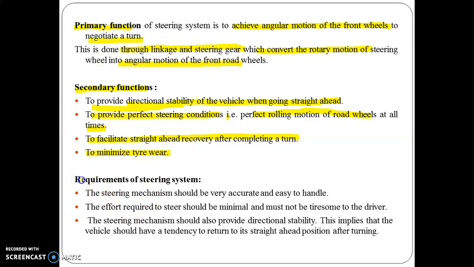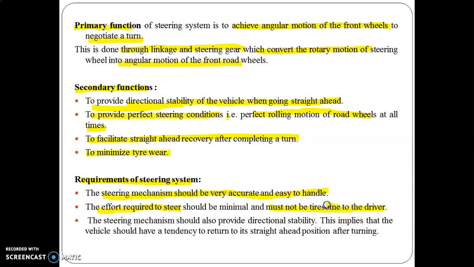So what are the various requirements of the steering system? First requirement, we will consider the steering mechanism should be very accurate and easy to handle. Then the effort required to steer, that should be very minimum, and it must not be tiresome to the driver.